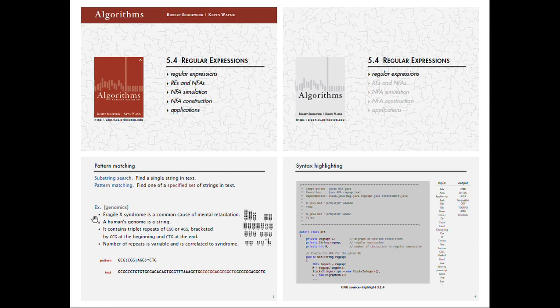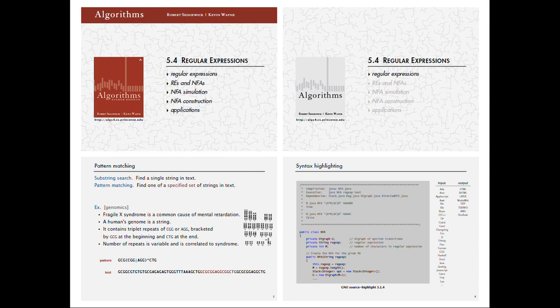Now, you can see one example. The example is about Fragile X syndrome. I think you know about Fragile X syndrome. This example is from real life science. It's about DNA. In the DNA, we have a code made by letters, actually.